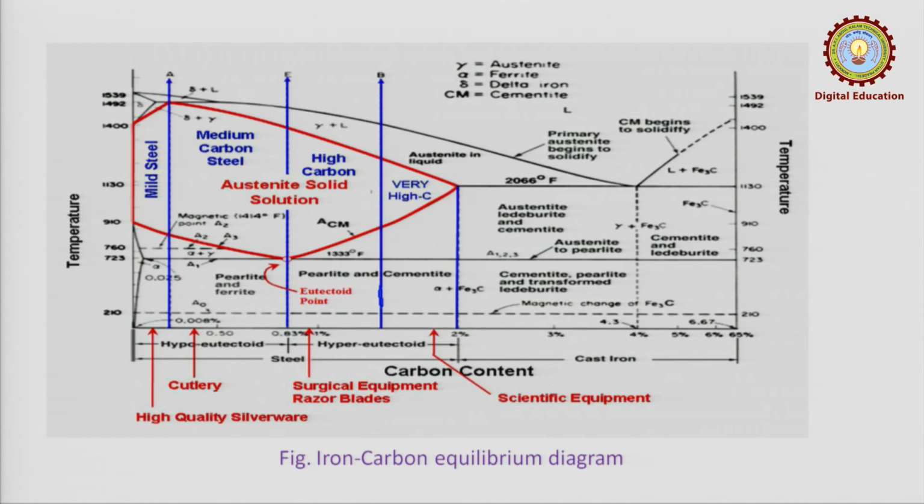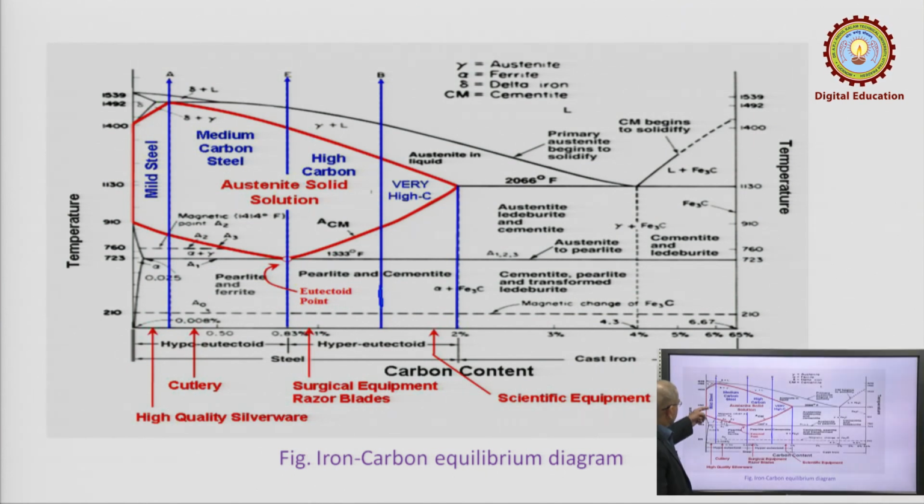When the percentage of carbon is increasing, you get mild steel. Mild steel means the percentage of carbon is very less. You can see here it is 0.025 and slightly higher than that, around 0.05. After that, when the carbon percentage continues increasing, next is medium carbon steel.